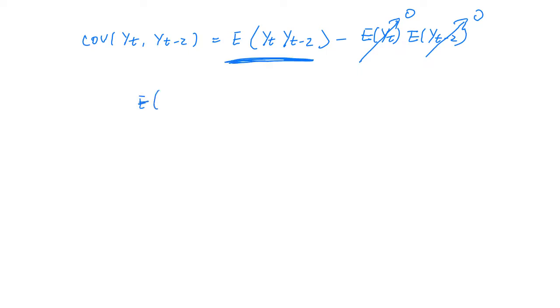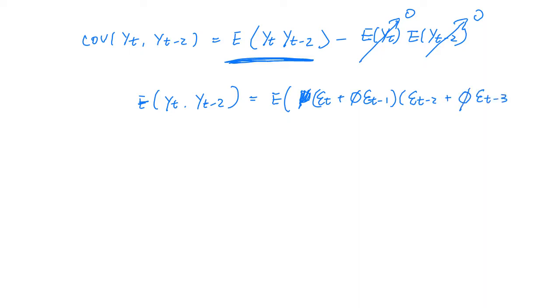The expectation of yt minus 2 involves epsilon t minus 2 and t minus 3.